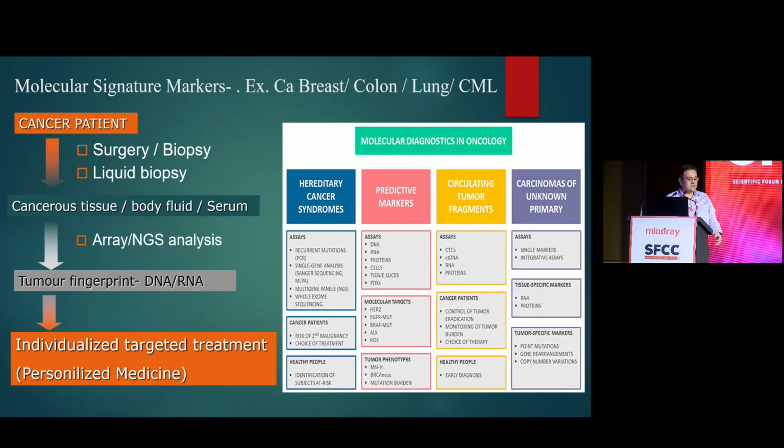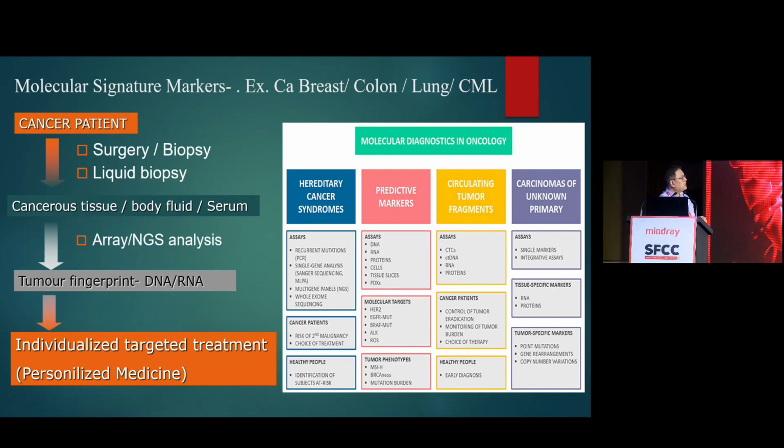Some examples you already know. A classical example is chronic myeloid leukemia. BCR-ABL transcripts and real-time PCR for both diagnosis as well as follow-up of a CML patient already exist today. The RT-PCR transcripts which we identify in peripheral blood for CML are nothing else but a molecular biomarker present in peripheral blood.